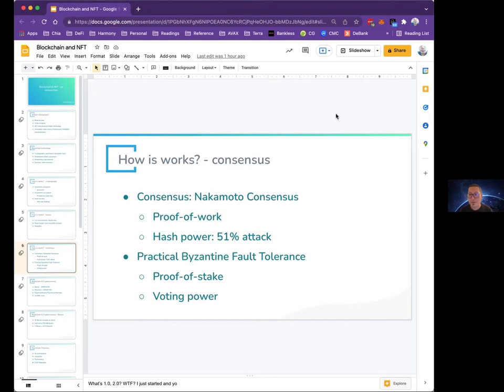But in the traditional finance world, even getting a mortgage is a really complicated process, with a lot of middlemen and a lot of complication.